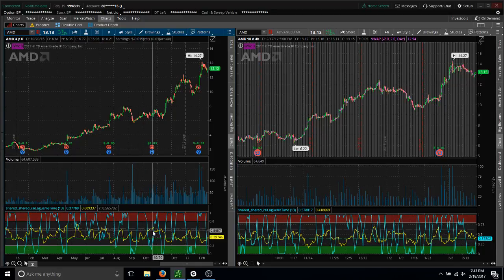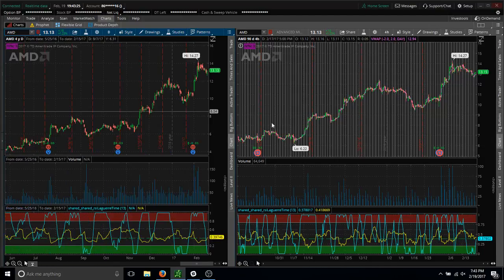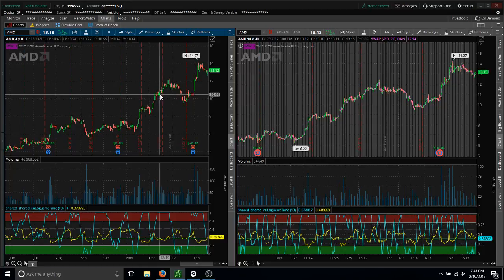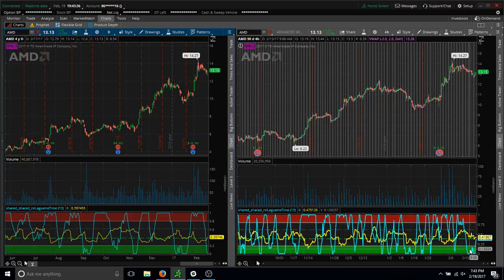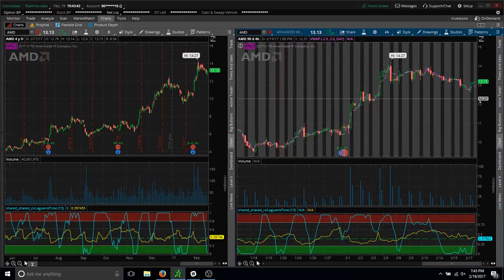It doesn't need to build up a ton of energy to run again. Sometimes it does, but for the most part, all it wants is a little bit of energy to be able to pop again. You see every pullback, it just keeps going higher. My 4-hour is forward leaning of my daily. Over here my RSI lag is coming out of the bottom, and my chart pattern is looking pretty good.